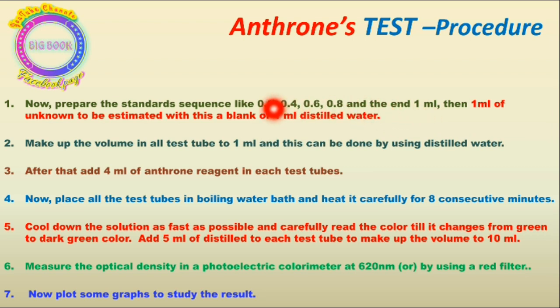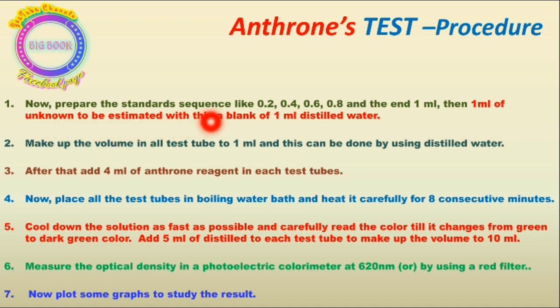So here there will be 1 ml of blank distilled water, then 0.2 ml, 0.4 ml, 0.6 ml, 0.8 ml and 1 ml of the working standard. After that we also add 1 ml of the unknown to be estimated.